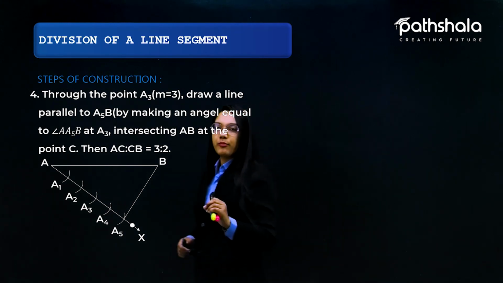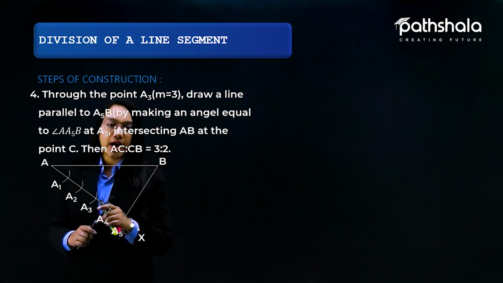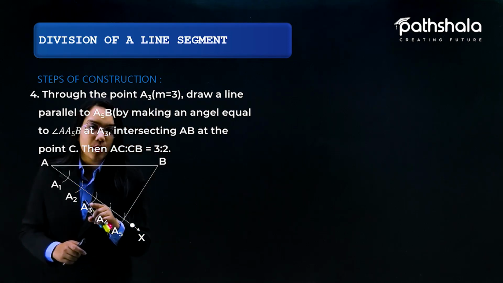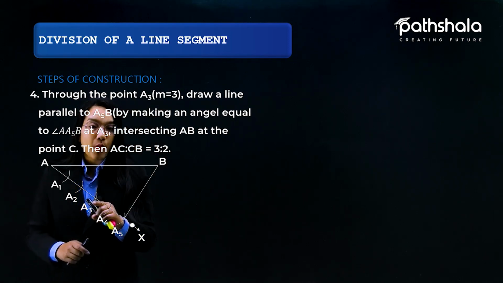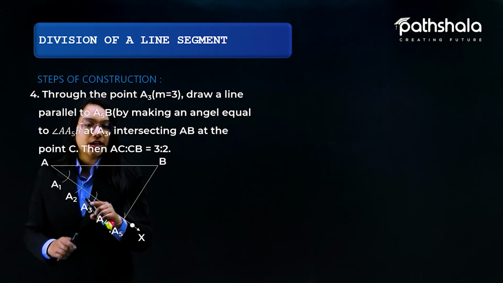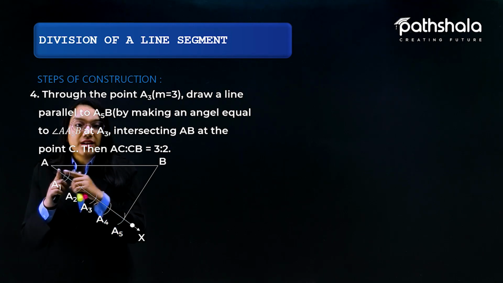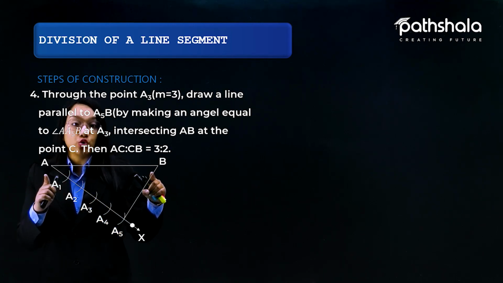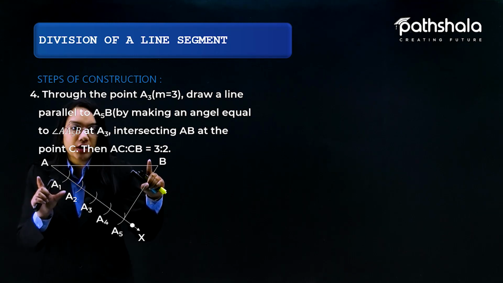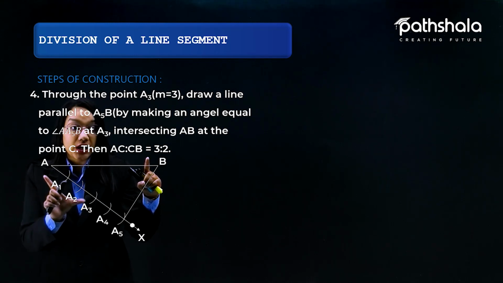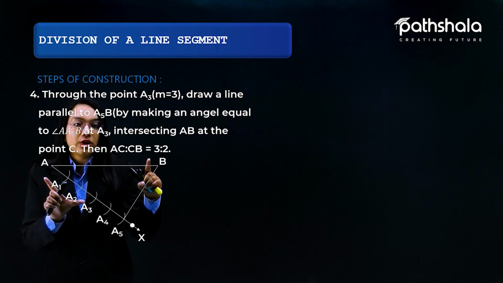Through the point A3, why are we taking A3 only? Because the ratio in which we want to divide this line segment is 3:2. So 3 comes first, so we are taking 3 units first. If the ratio was 5:2, we would take 5 units first and then 2.